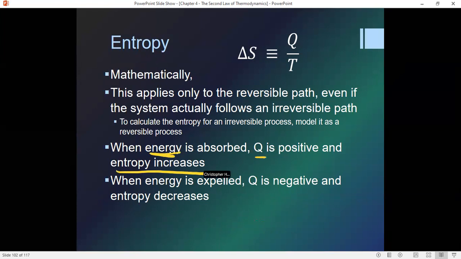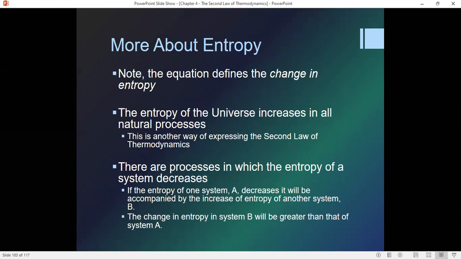That's why the cold reservoir increased its entropy. When energy is expelled, Q is negative and entropy decreases. The hot reservoir always decreased its entropy, but because it was a coupled system, even when the hot reservoir decreased its entropy, the cold reservoir at least increased its entropy by the same amount, or increased it even more for the irreversible process.